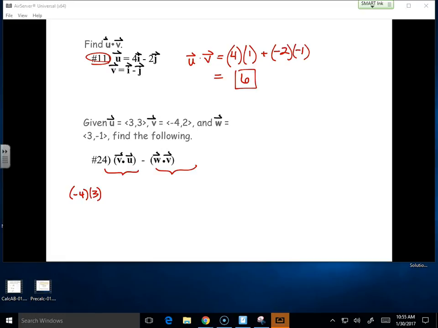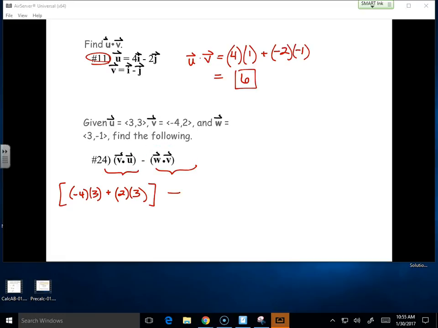Because the horizontal of v times the horizontal of u. Careful. Plus, the dot product is always adding. Just to keep it the same direction, can I do 2 times 3? Is that okay? Minus. So there's the dot product of the first. Now I need the dot product of the second, right?